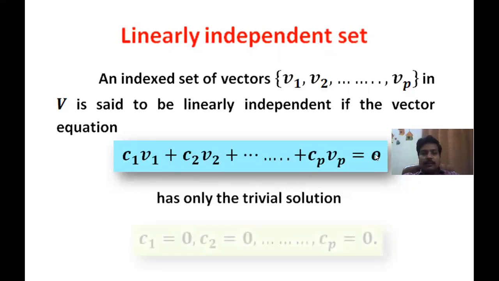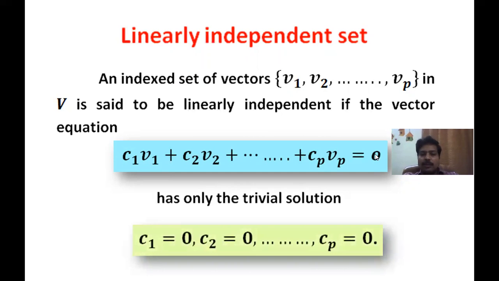The trivial solution is C1 is equal to 0, C2 is equal to 0 and so on Cp is equal to 0. So if the vector equation has only the zero solution and no other solution, we can say that the set of vectors V1, V2 and so on Vp is the linearly independent set.